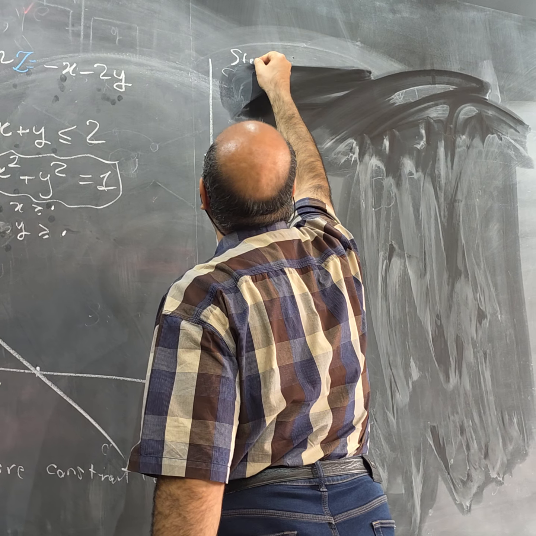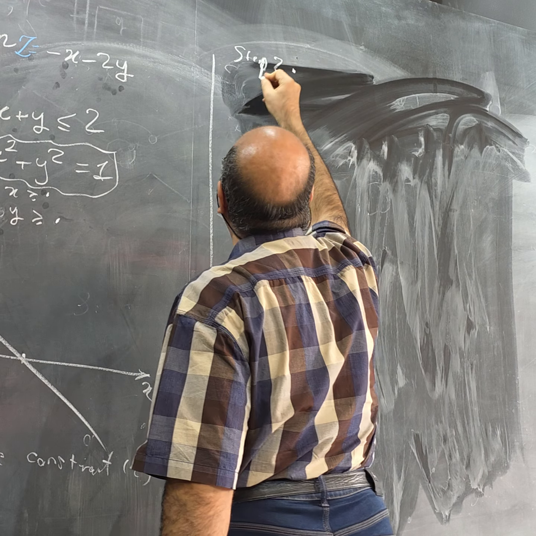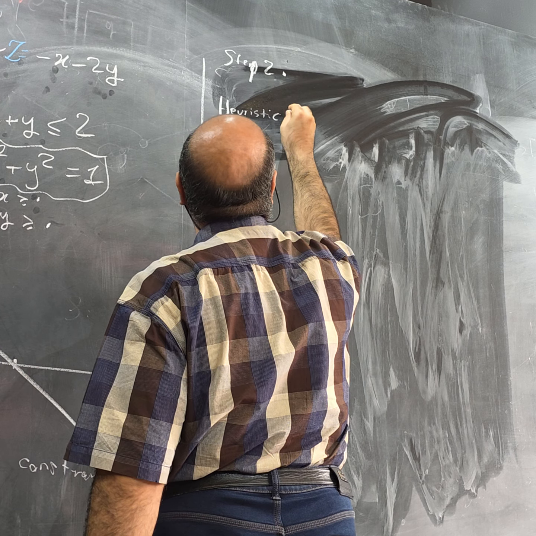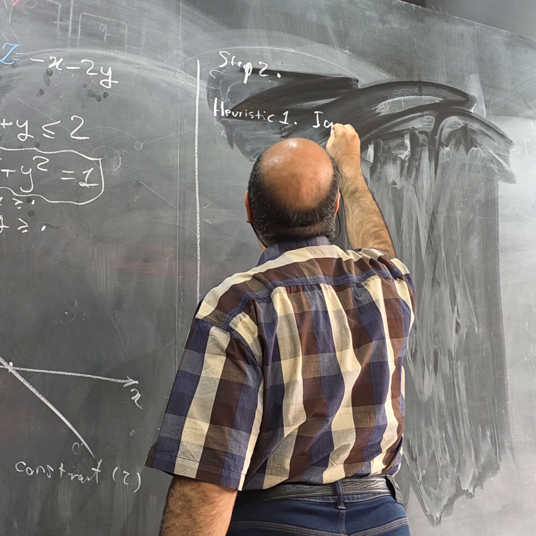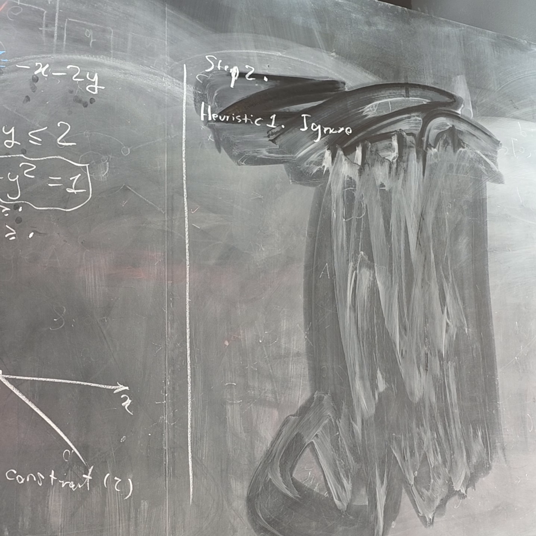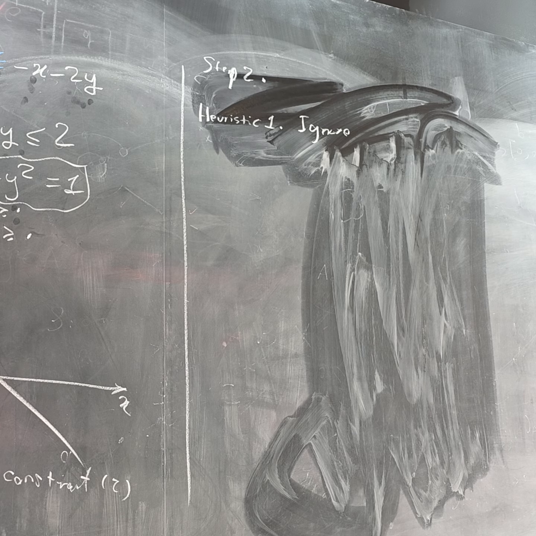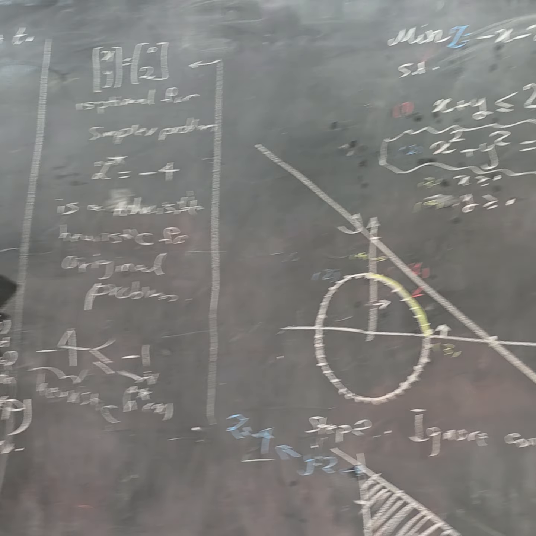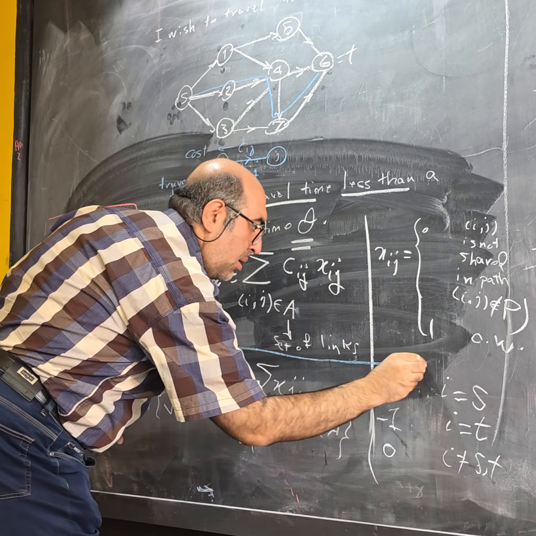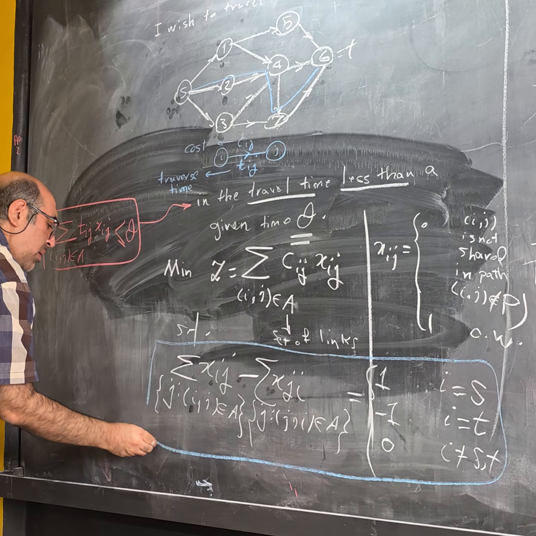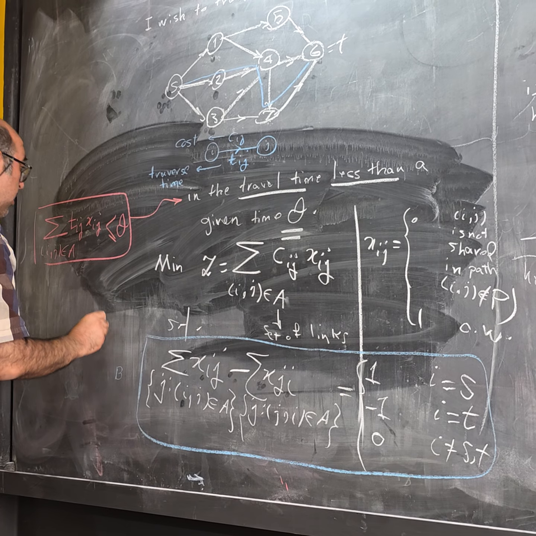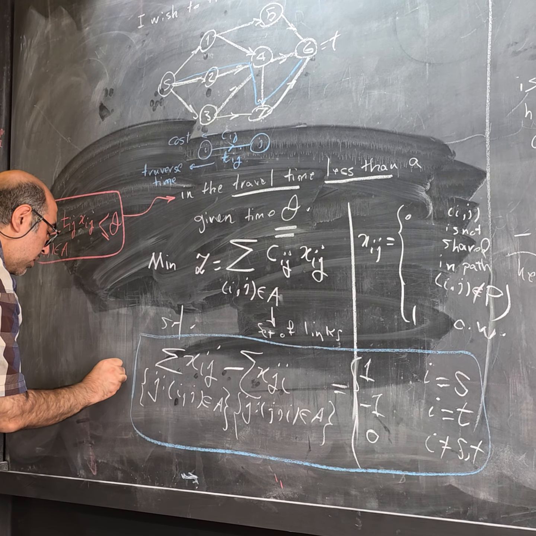Step 2, Heuristic 1. Ignore the red constraint, the 3 star constraint.